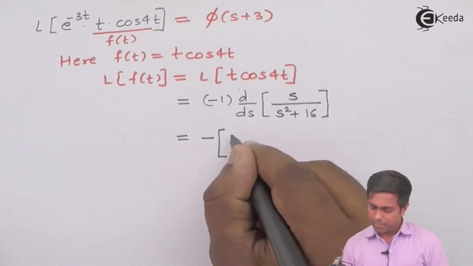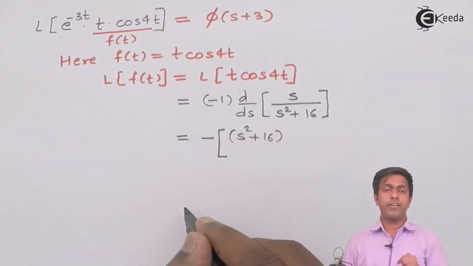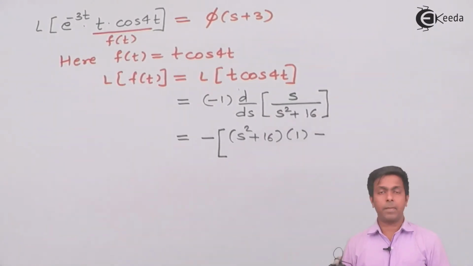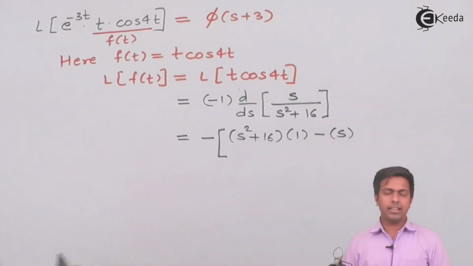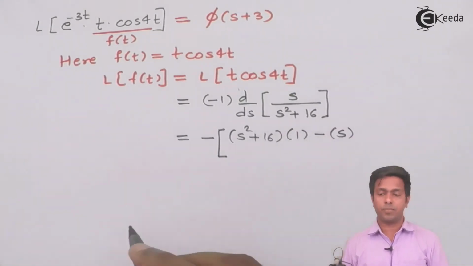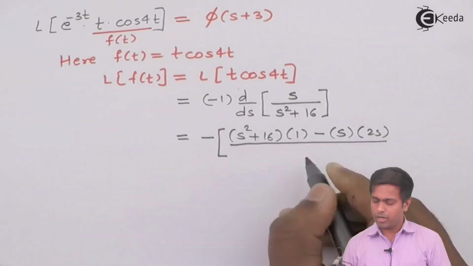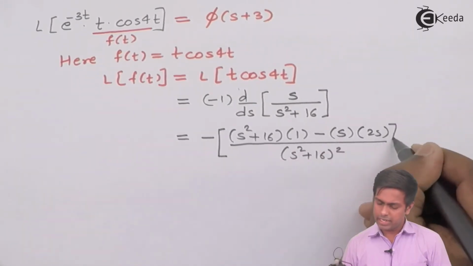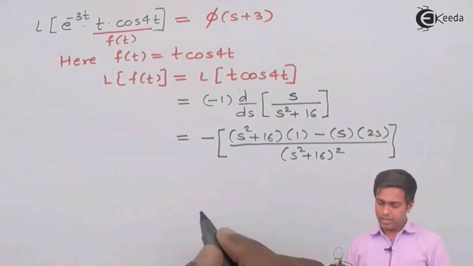So that will become s square plus 16, that is v, into the derivative of u, that is derivative of s, which is 1, minus u, that is s, into the derivative of v, that is derivative of s square plus 16, which is 2s, whole upon s square plus 16 the whole square, because in the denominator we write v square. So let's simplify this.